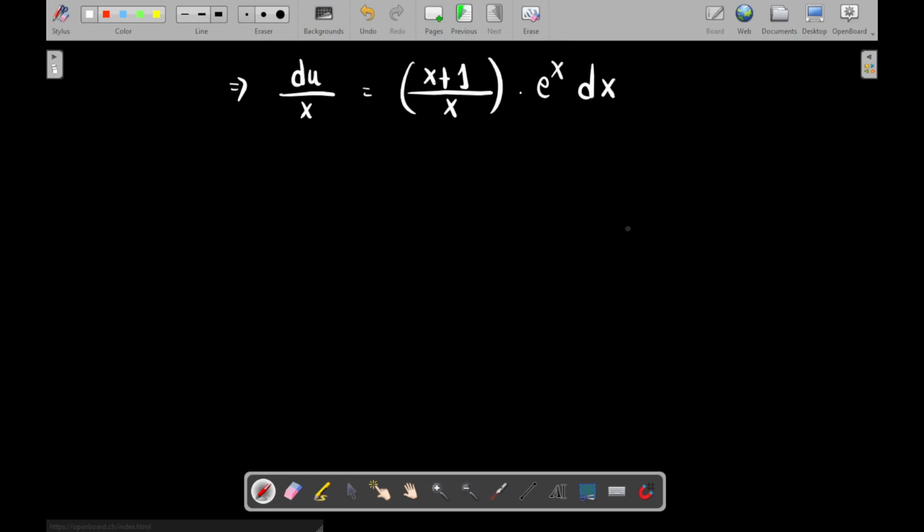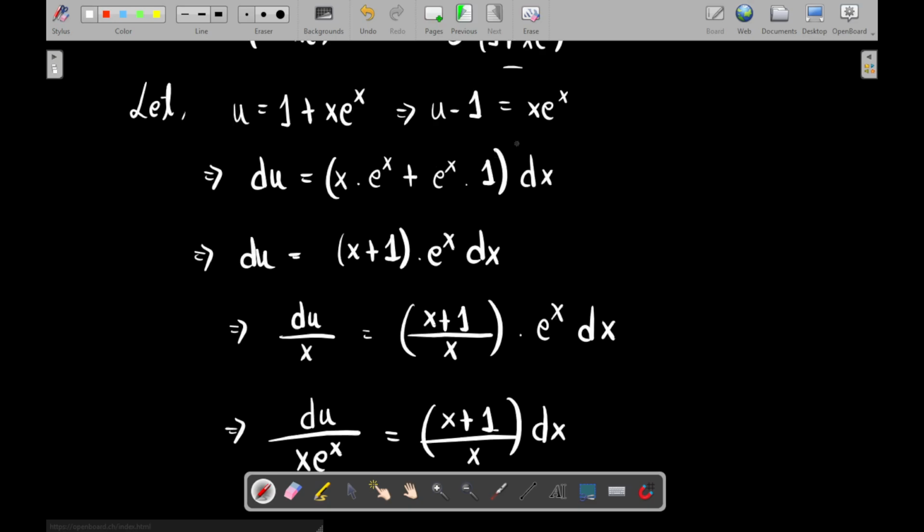Okay, so if we isolate this part, (x plus 1) upon x times dx, then we can divide both sides by e to the power x. So on dividing both sides by e to the power x, we get du upon x e to the power x is just equal to (x plus 1) divided by x times dx, right? I have just divided both sides by e to the power x in this step.